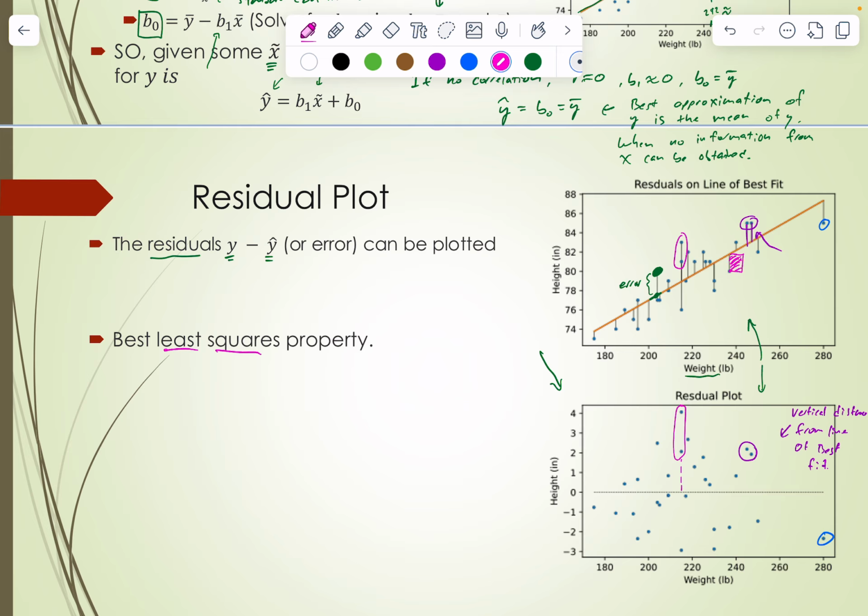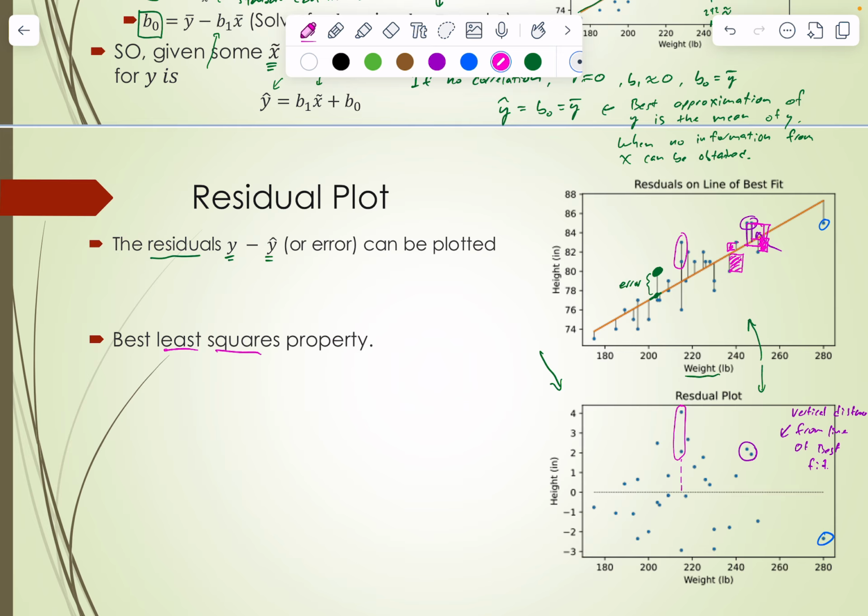If you take that difference and you square it for every single point, you're going to get a bunch of squares. If you find the area of all of those squares together, the line that I gave you will minimize that quantity.